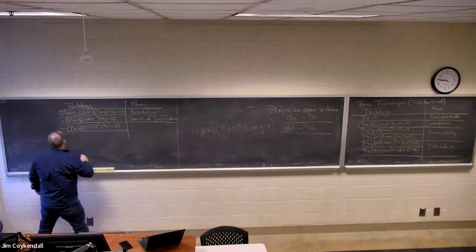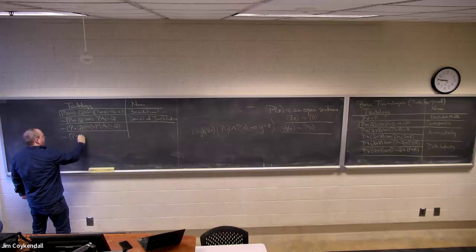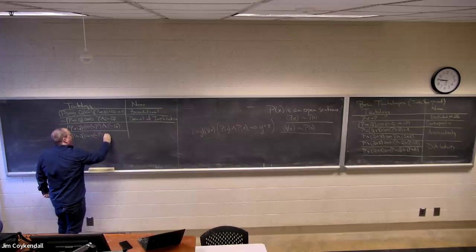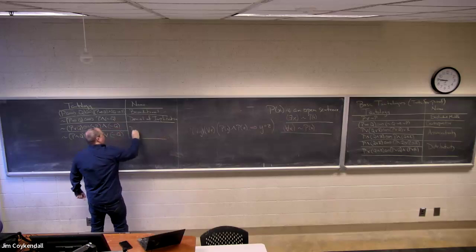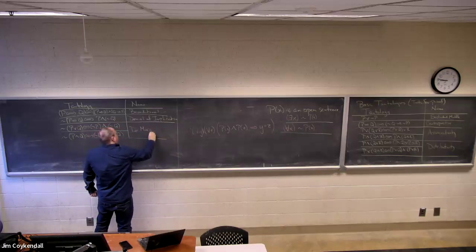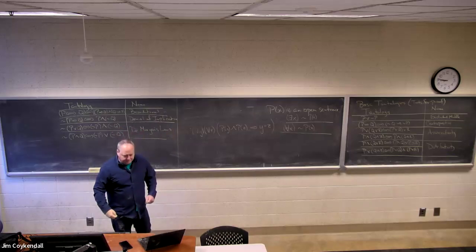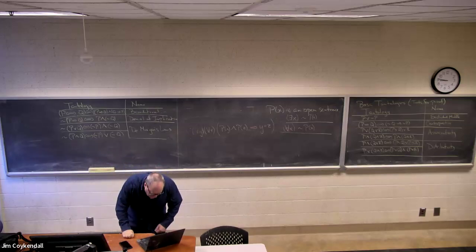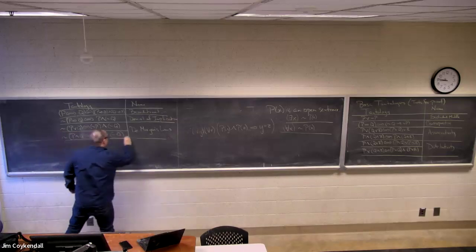It's not P and not Q. And similarly, not (P and Q) is not P or not Q. And these are called De Morgan's laws. I just got a few more.